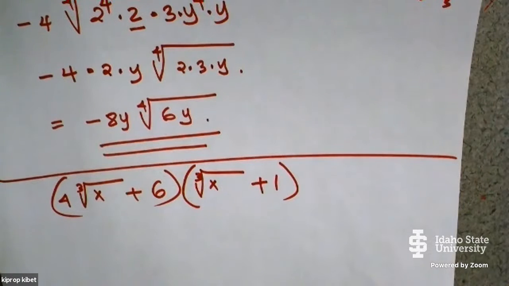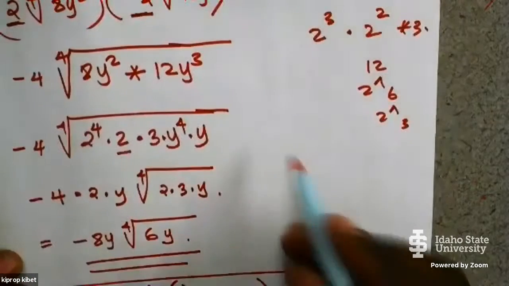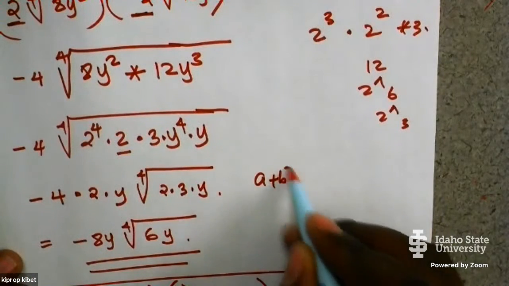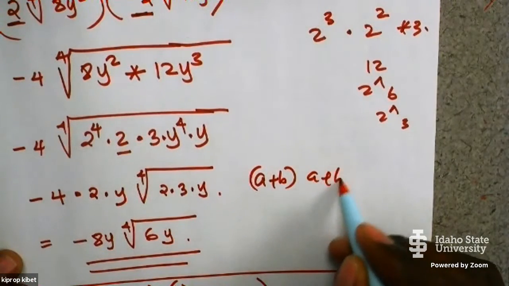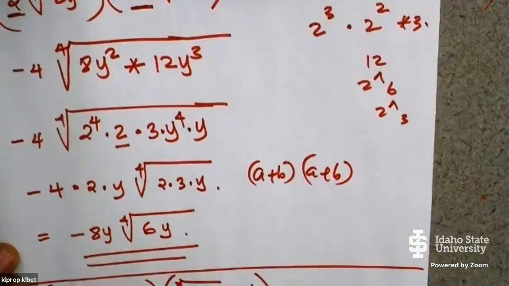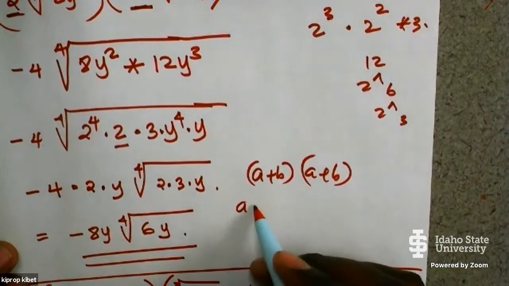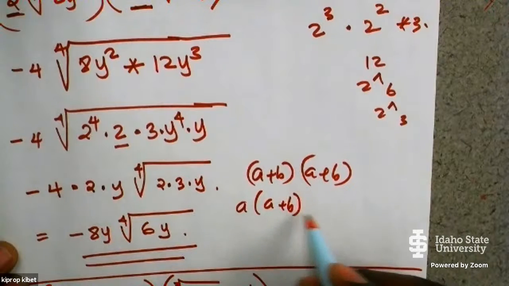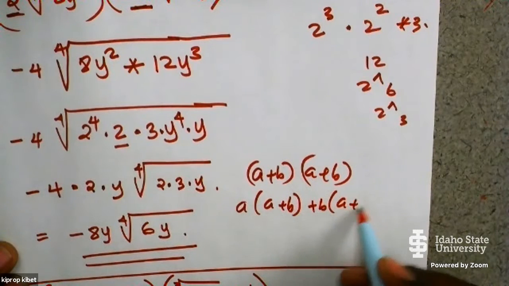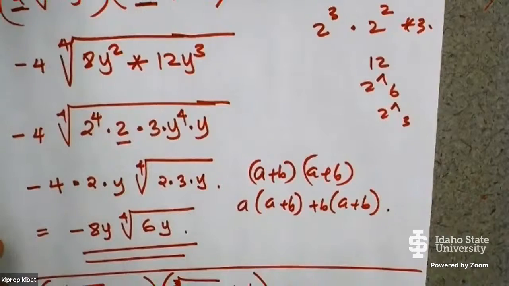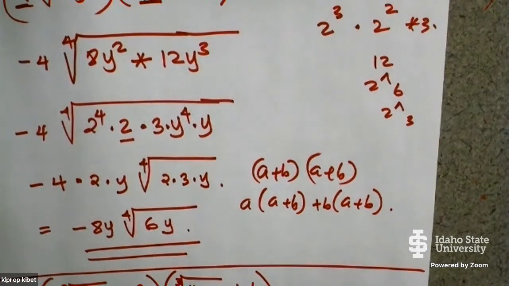So how will you simplify? Now, this is similar to what? Let's say a plus b, a plus what? B. You remember how we were solving this, right? So you do it just like this.